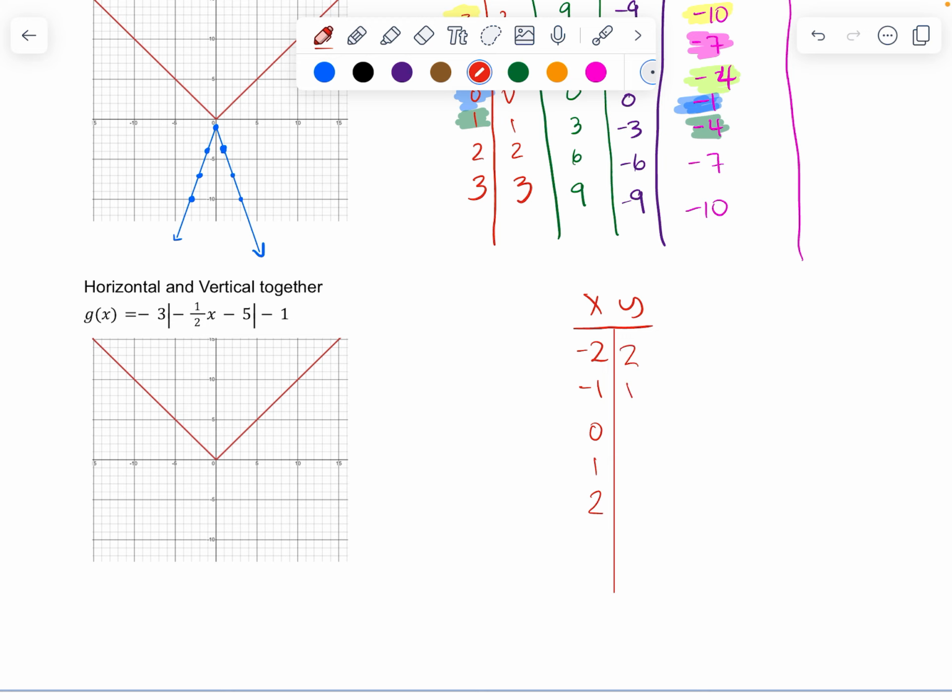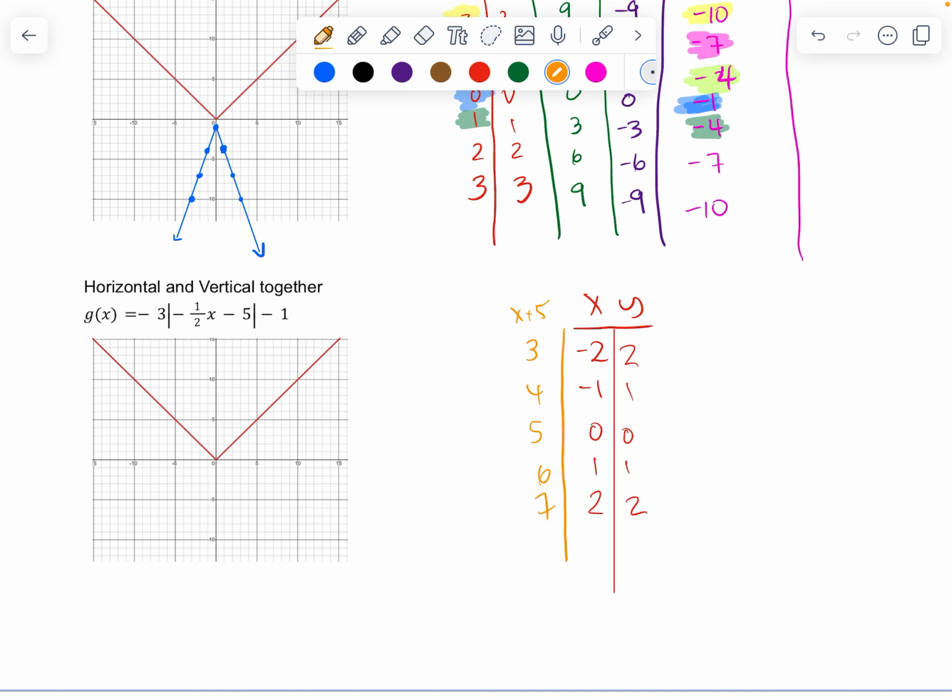So I get 2, 1, 0, 1, 2. Horizontal translation is the very first thing I'm supposed to do. So that means that I'm going to add 5, so x plus 5. So that gets me 3, 4, 5, 6, 7.